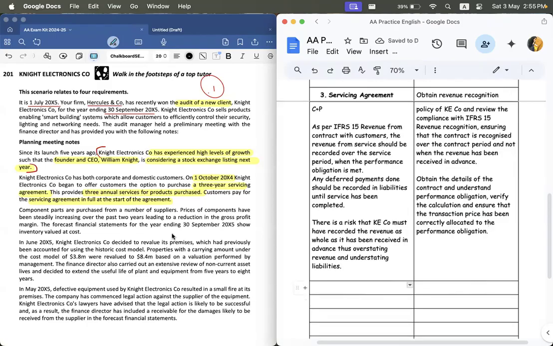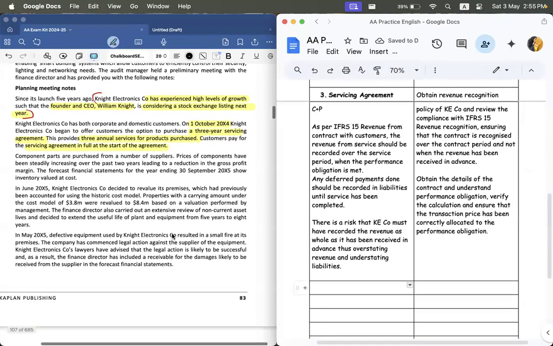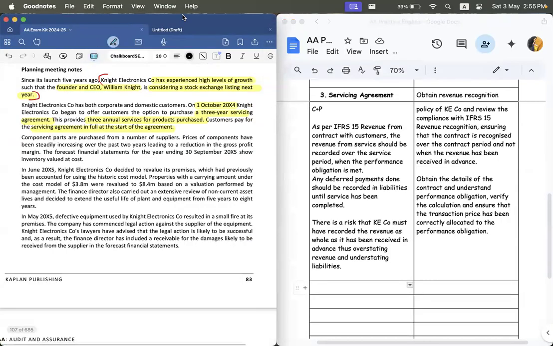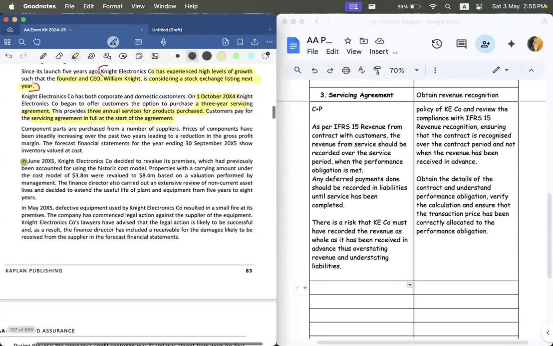Now, the next one. Next is another standard. Component parts are purchased from a number of suppliers. Prices of the components have been steadily increasing over the past 2 years.